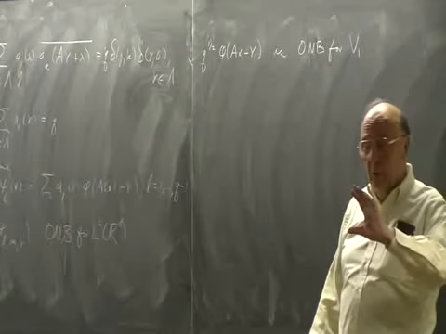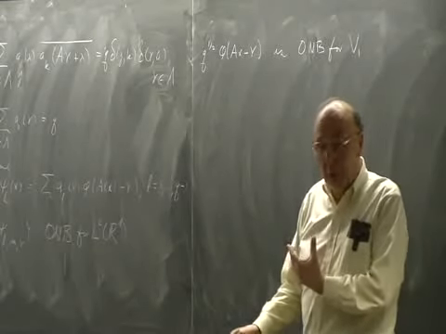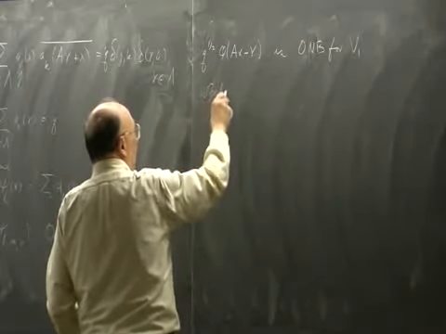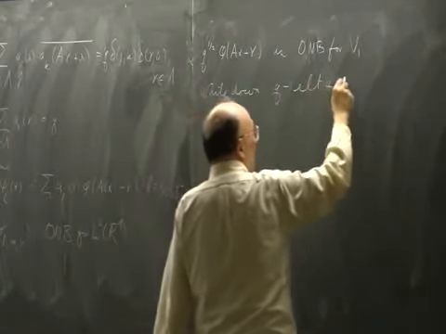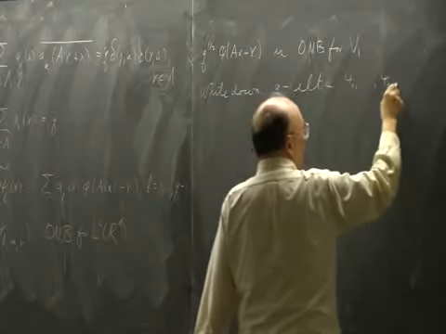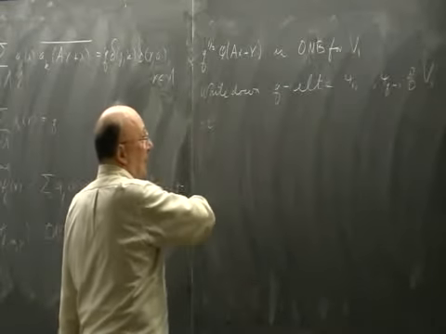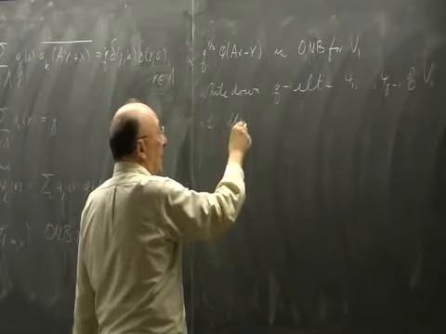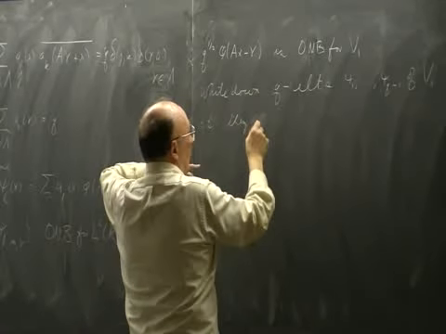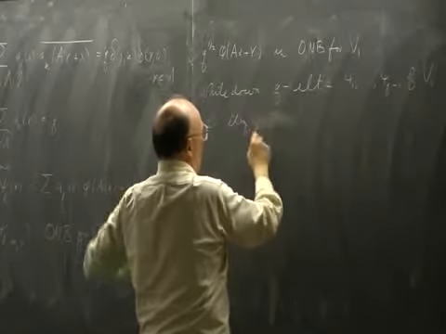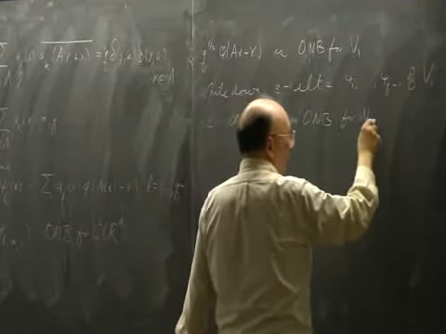And so then what we do is we write down Q minus 1 elements, psi 1 through psi Q minus 1, of V1, such that they form an orthonormal basis for W0.